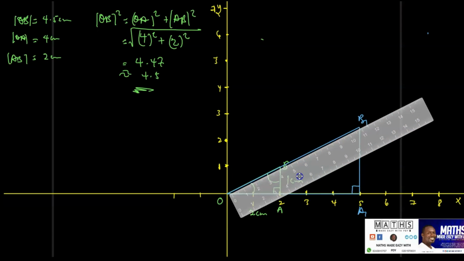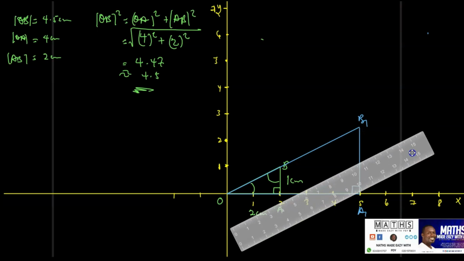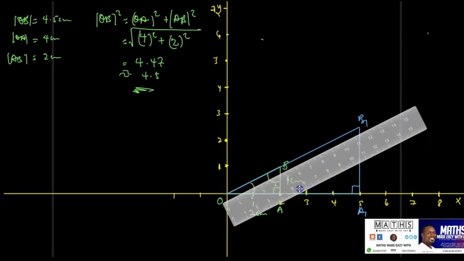Yes, OB1 is almost what? Is it 11? It's like 11.1. Do you agree? Yes. Okay, so note it down. I just want to rotate so that we measure the other one as well.